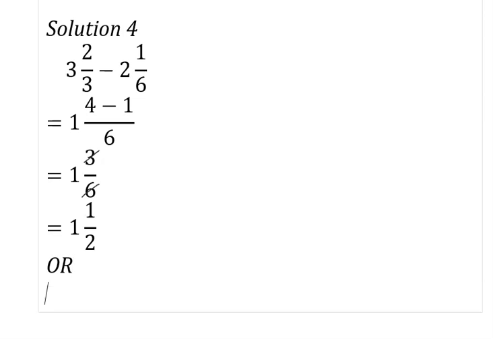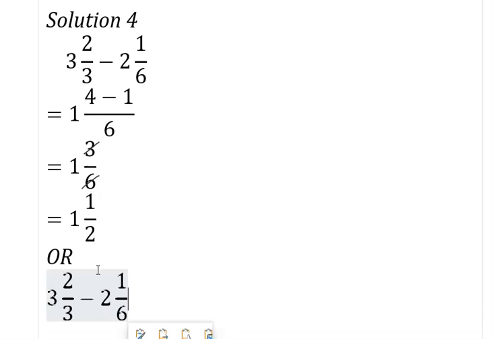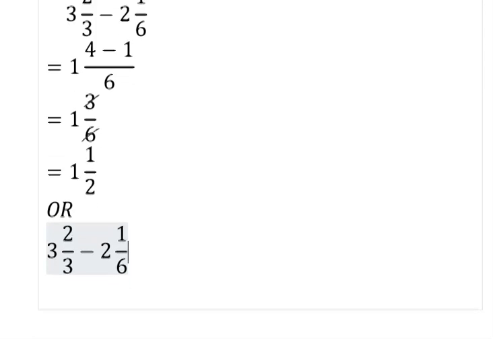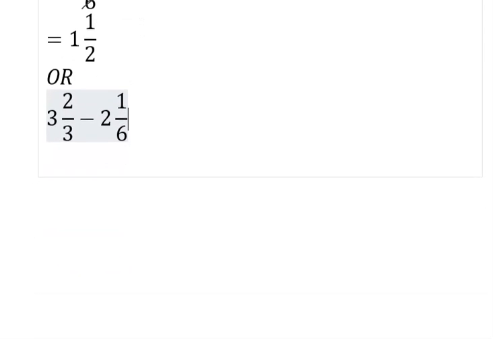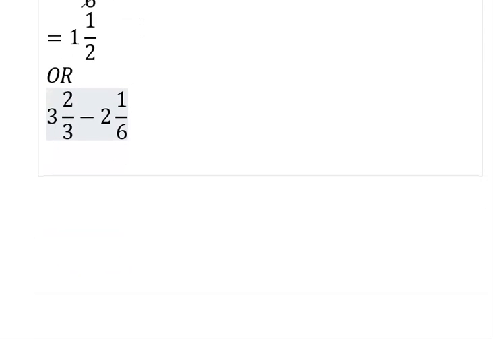Let's get our second method using the same question. Awesome. So this is the question. Let's see if we use the second method and we still get our answer to be 1 whole number 1 over 2. Okay, the second method involves converting the mixed fraction to an improper fraction.